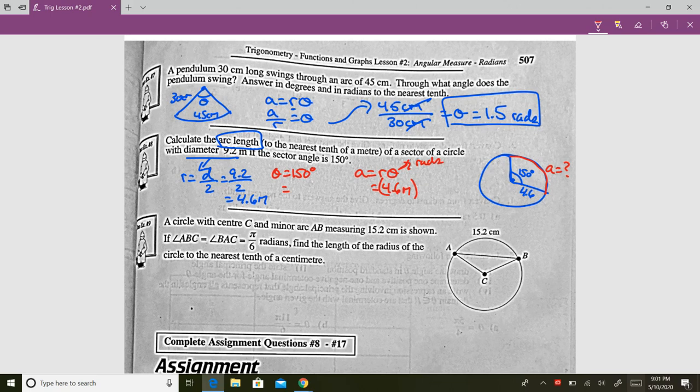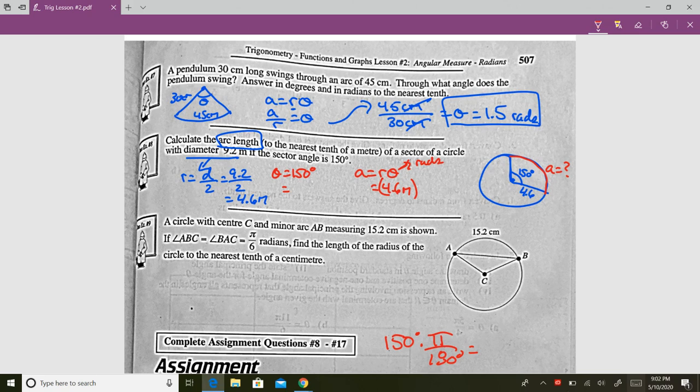You could just put 150 times pi over 180, and that will give you the right answer, which is 5 pi over 3. 5 pi over 6, sorry. Or you could go, okay, 150.